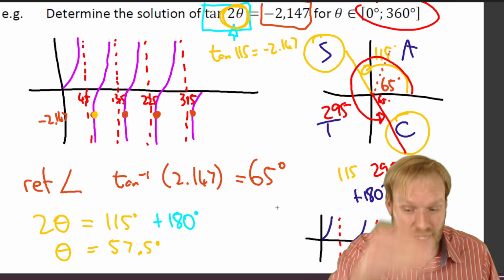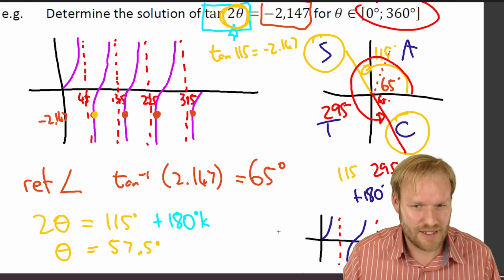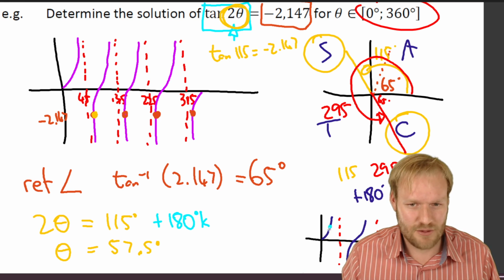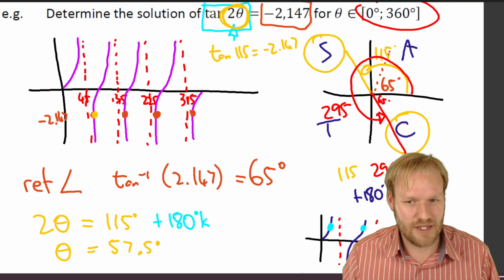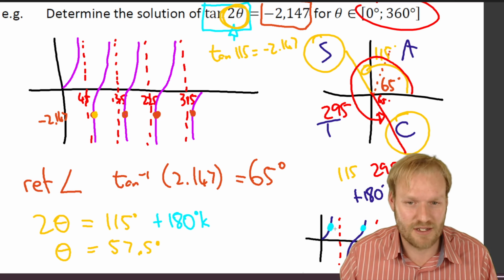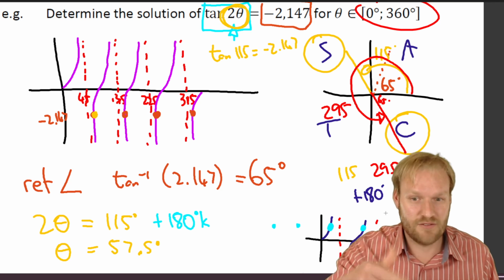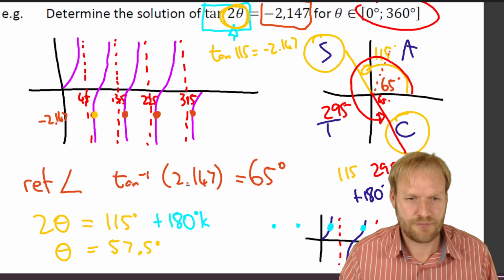So it could have been a number of 180s away. So in other words, plus 180k. Because if there was an answer, the next one's 180 away, the next one's 180 away. You're going to get answers every 180. Or you could have subtracted 180 and gone backwards to get an answer every 180 degrees.